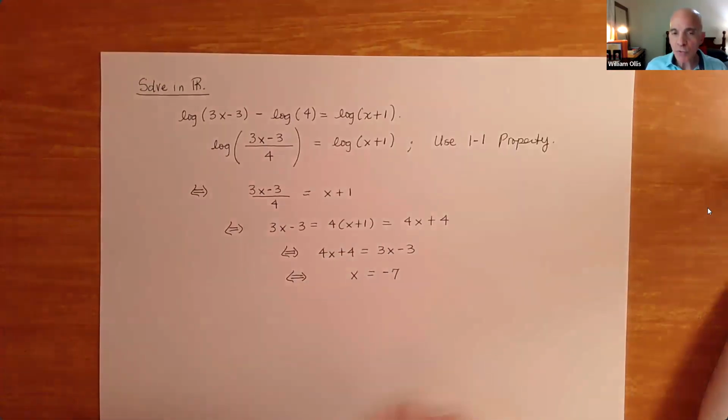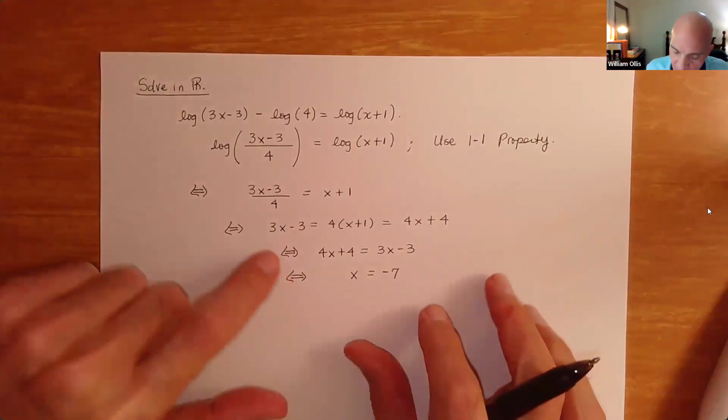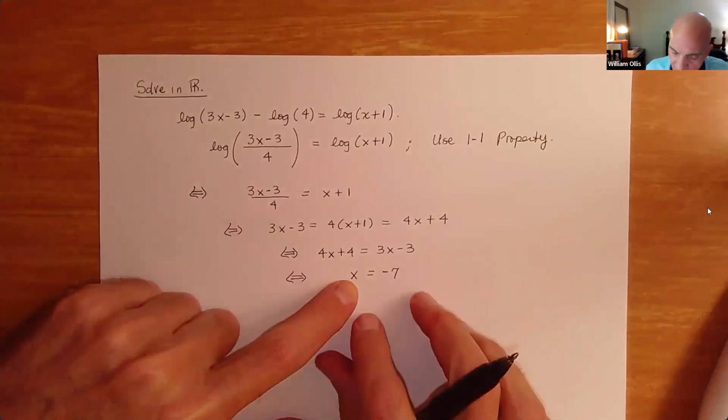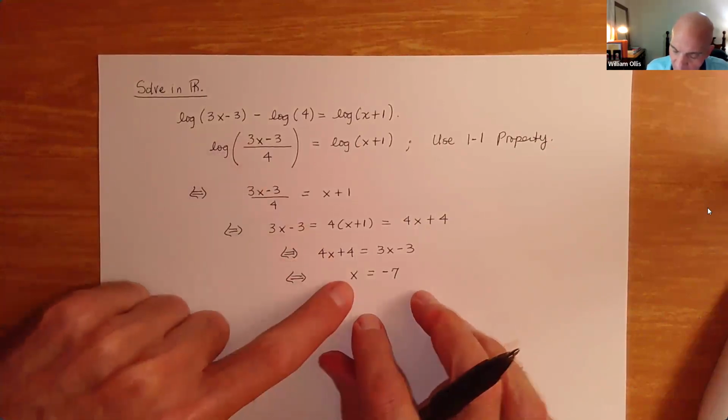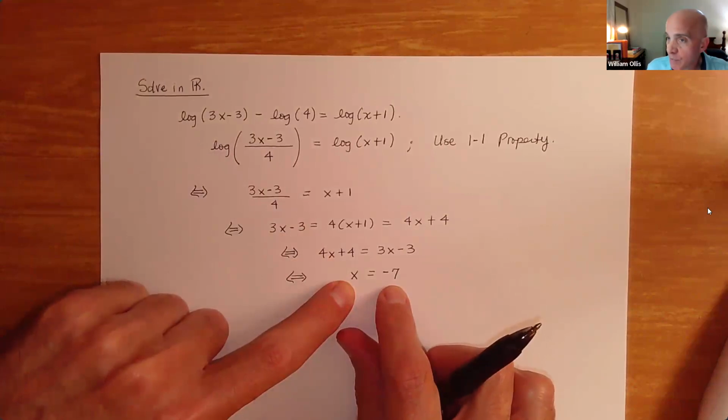Now, this is interesting, and this is what I've said many times. We can write down equations that have no solution. Notice the value of x that we get from solving this particular equation gives us a -7. That's the value of the variable.